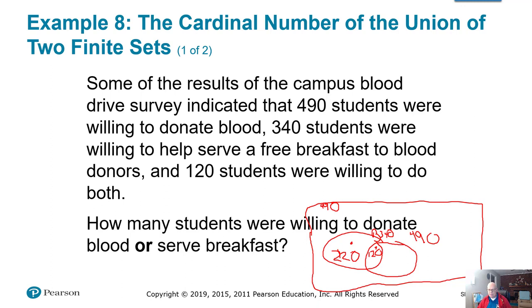They're just here. So we've got 220, 120, we've got 490 all together. So how many belong in this one? Well, these two together make 340. The ones unaccounted for are 150. So there's 150 there.